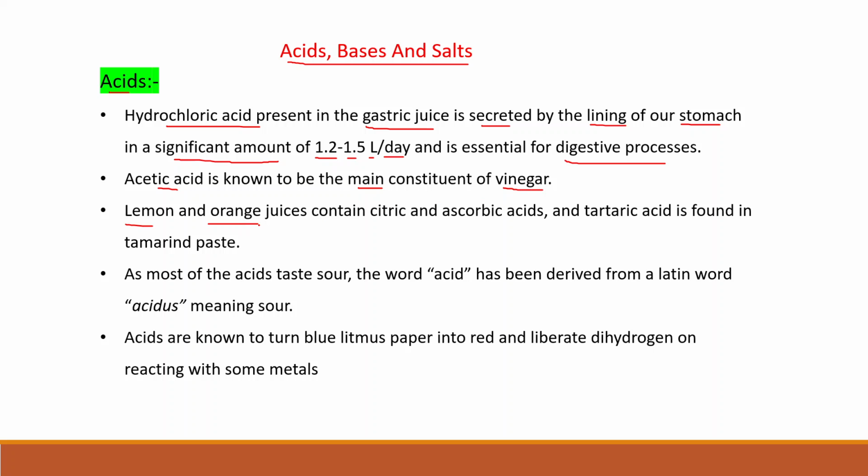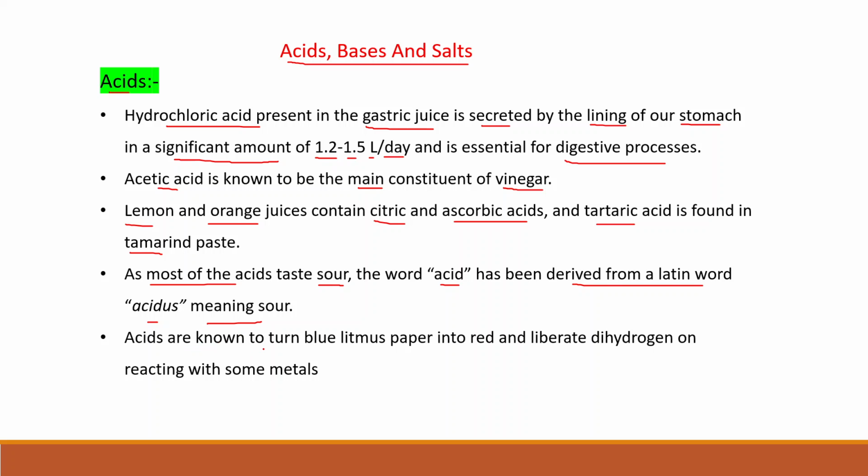Lemon and orange juices contain citric and ascorbic acids, and tartaric acid is found in tamarind paste. As most acids taste sour, the word acid has been derived from the Latin word acidus, meaning sour.